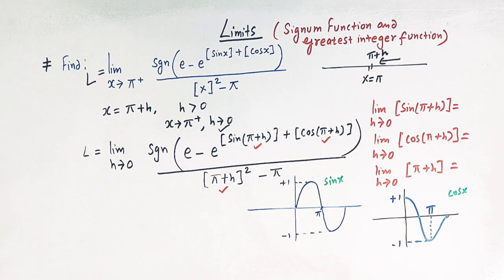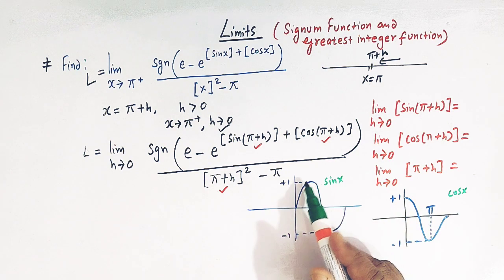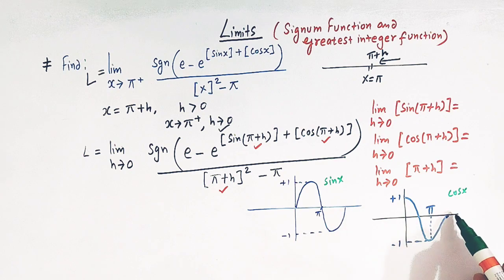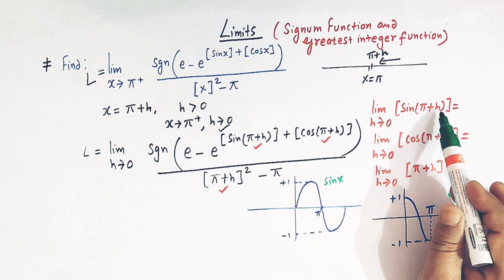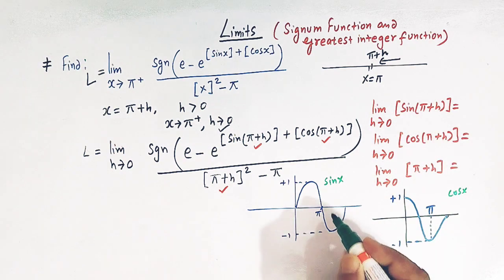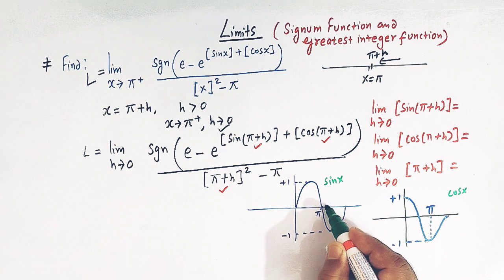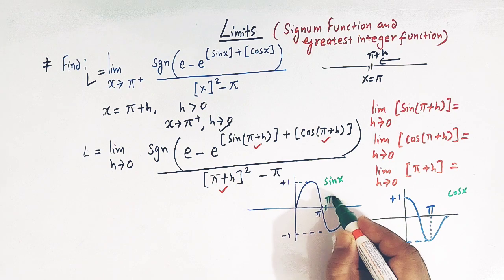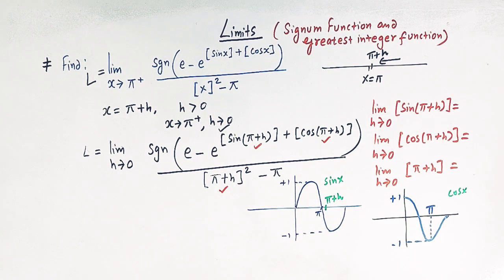Now let us quickly see the graphs of sin x and cos x. Here we have the graph of sin x, and here we have the graph of cos x. Now see, here we have sin of pi plus h, at the point pi plus h. This is a very important step.